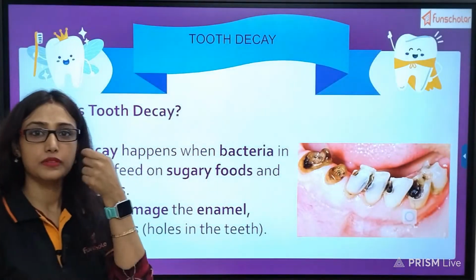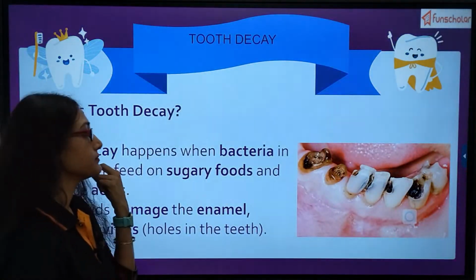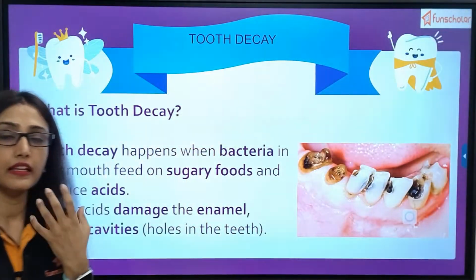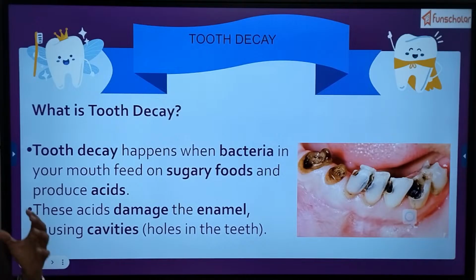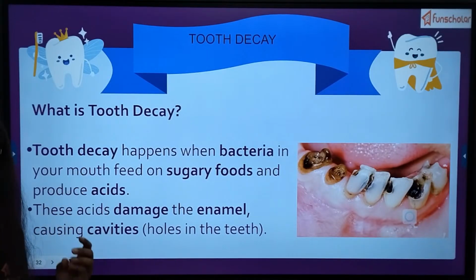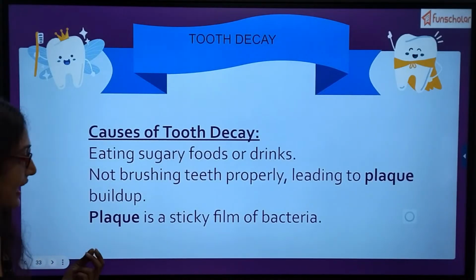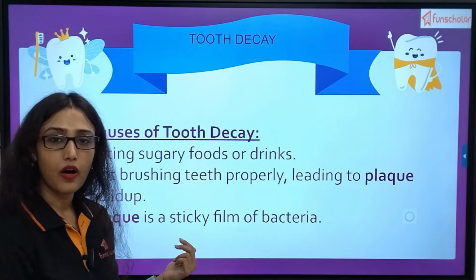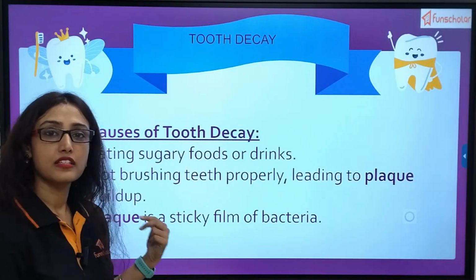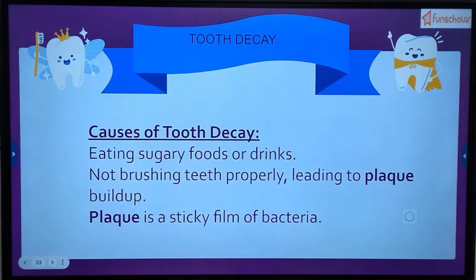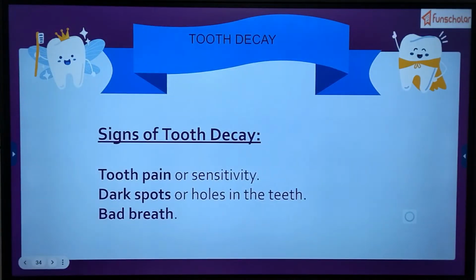Sometimes a blackish color thing happens in your teeth if you do not clean your teeth regularly. That blackish or yellowish portion, that sticky kind of film, is known as plaque, and it is formed due to bacteria in your teeth.